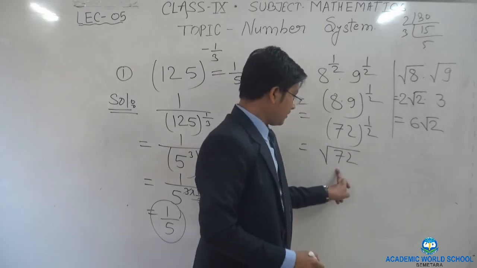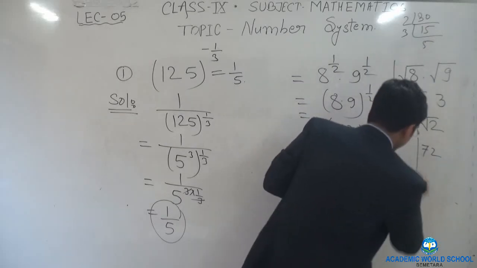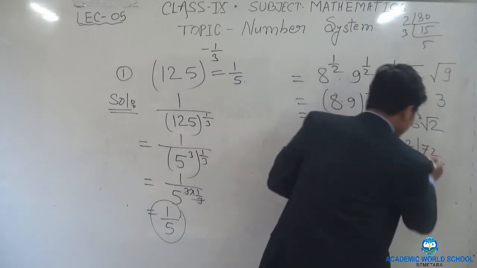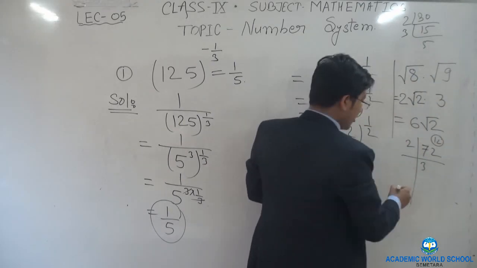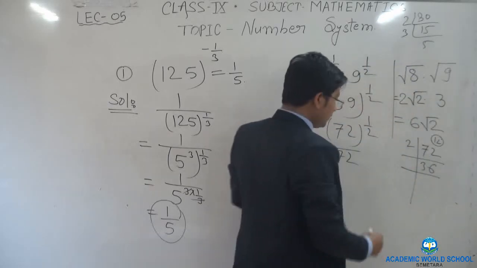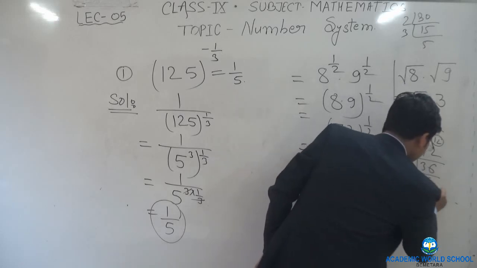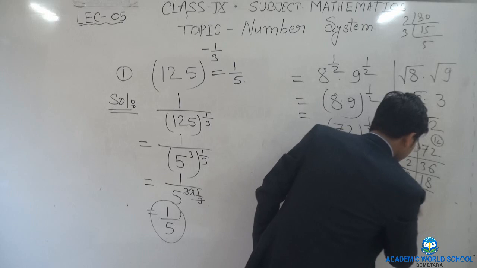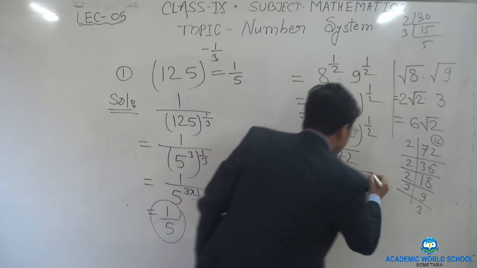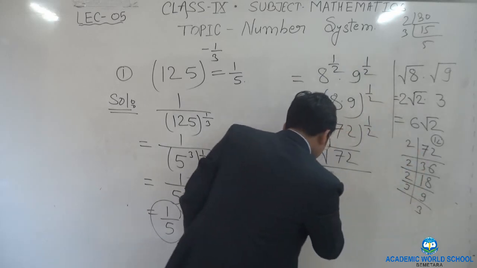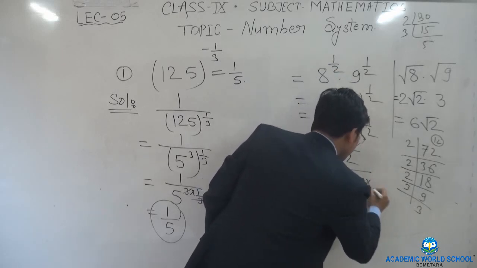Now make it factorize. 72 is 2 into 2 into 2 into 3 into 3.